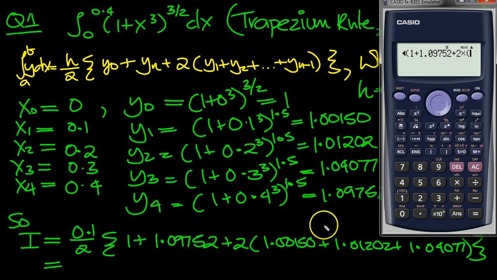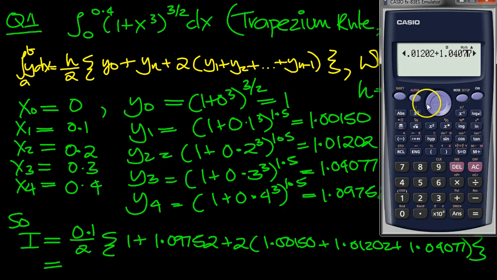Now we open another bracket, 1.00150 plus 1.01202, and then plus 1.04077. Close that bracket, and then close the brace, so it's another bracket here.